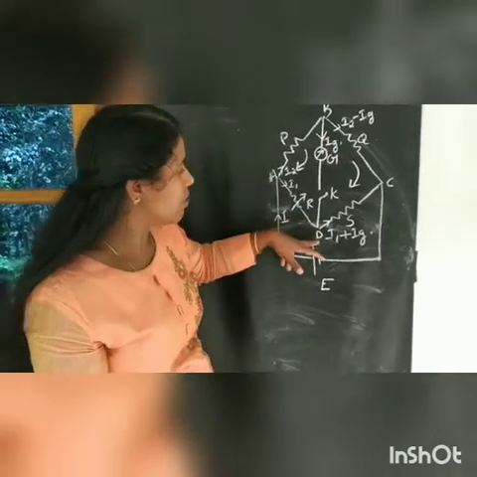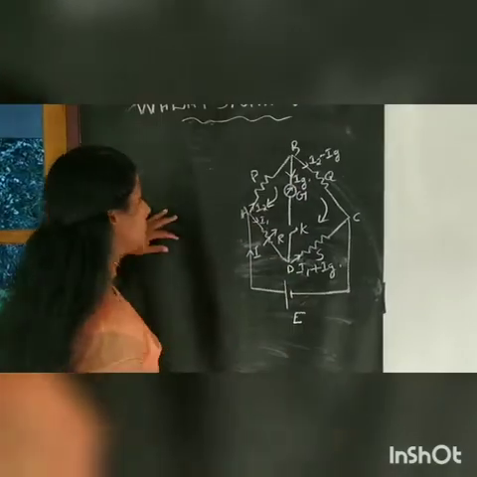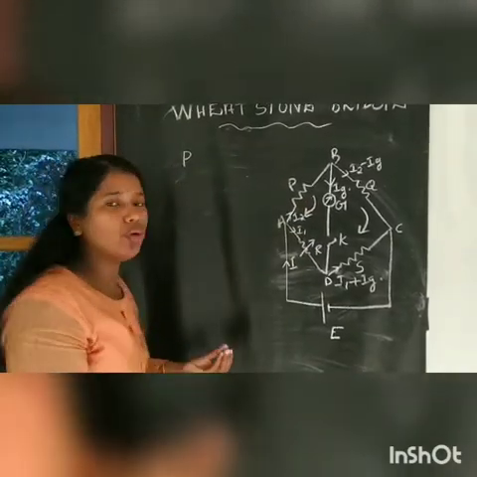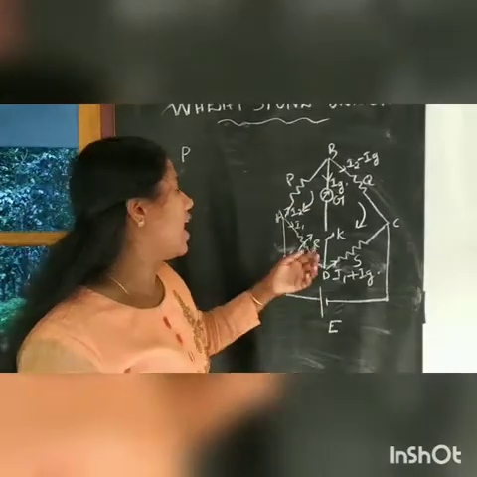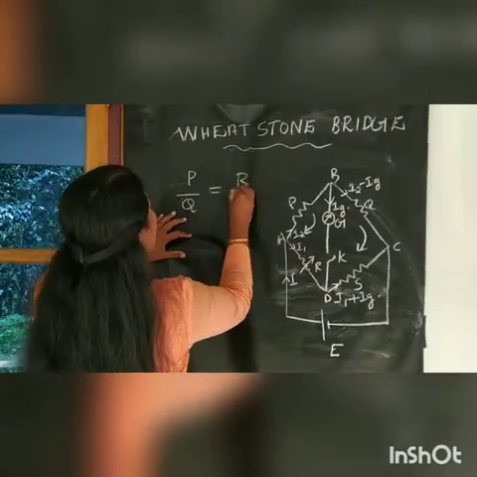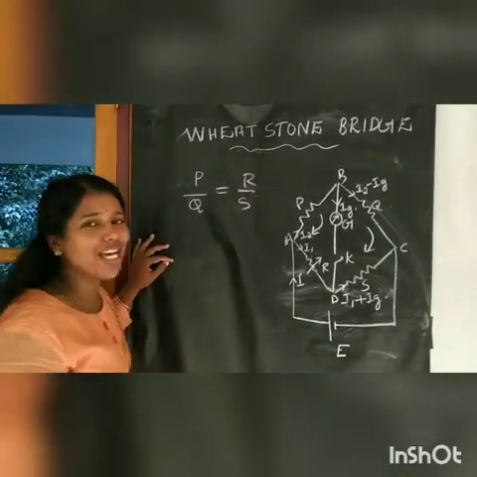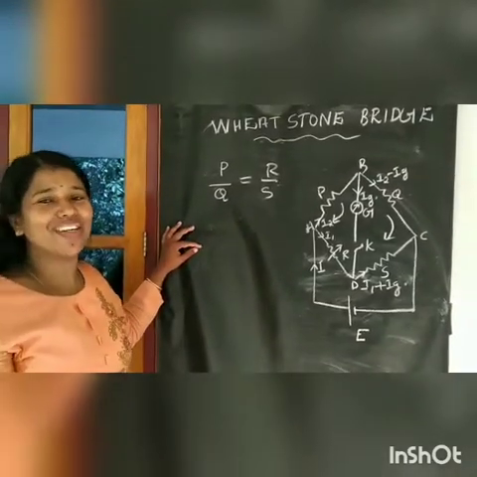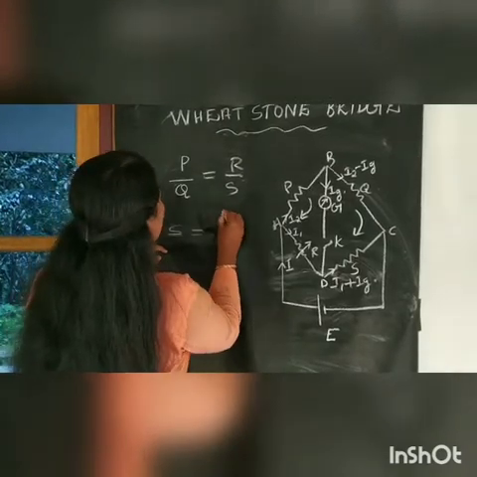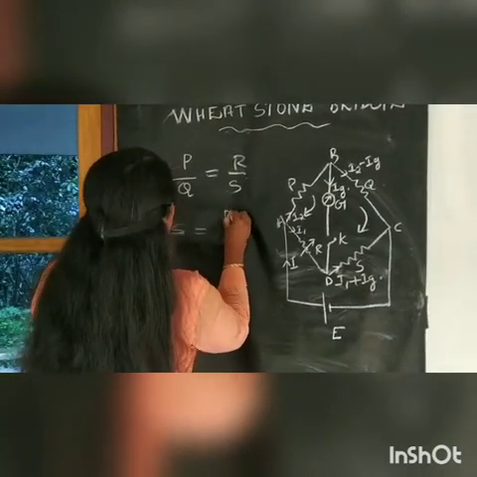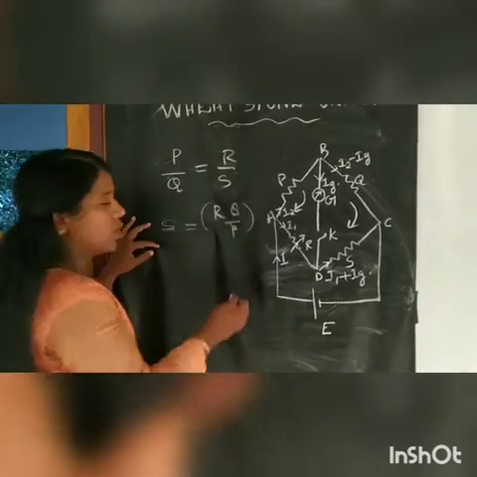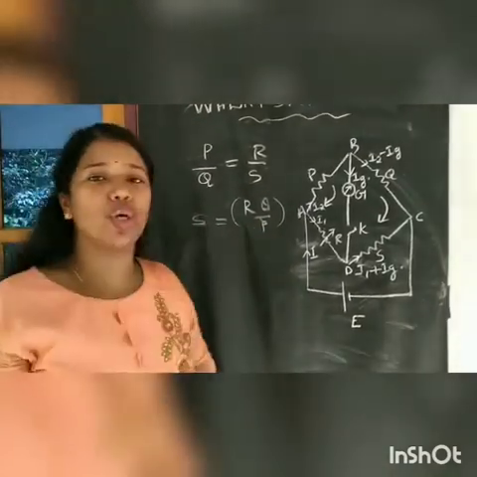Then we can write the ratio P to Q equals the ratio R to S. The condition is P by Q is equal to R by S. From this equation we can calculate the unknown resistor: S is equal to R into Q by P.